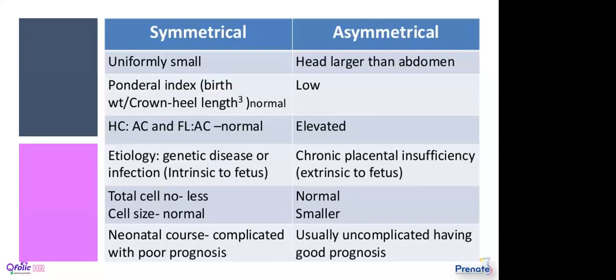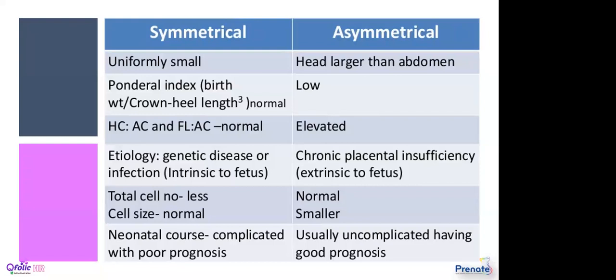Now, these are the differentiating points between symmetrical and asymmetrical growth restriction. In symmetrical, all the parameters of the baby are uniformly small. I mean, all the biometry on ultrasound, like femur length, abdominal circumference, and head circumference, are growing at the same rate.